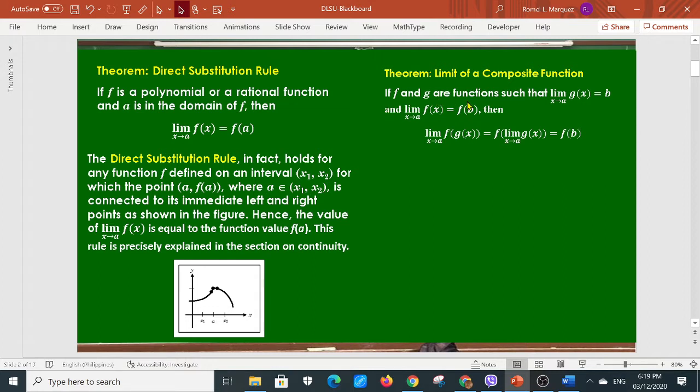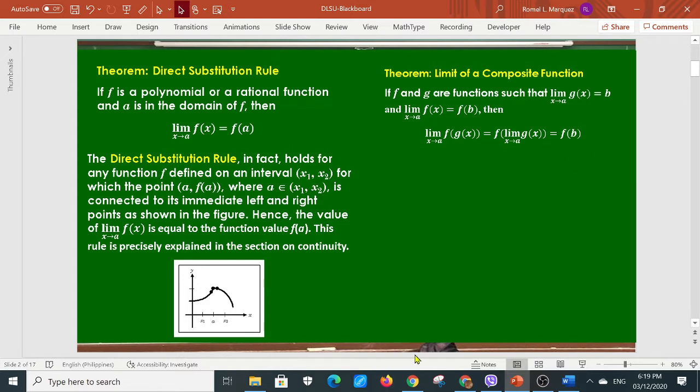If f and g are functions such that the limit of g of x as x approaches a is equal to b, and the limit of f of x as x approaches a is equal to f of b, then the limit of f of g of x as x approaches a is equal to f of the limit of g of x, and that is equal to f of b. So for x approaching a, okay?